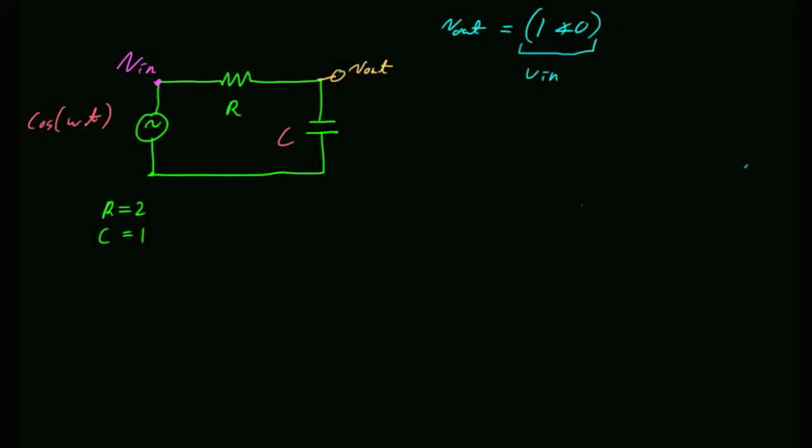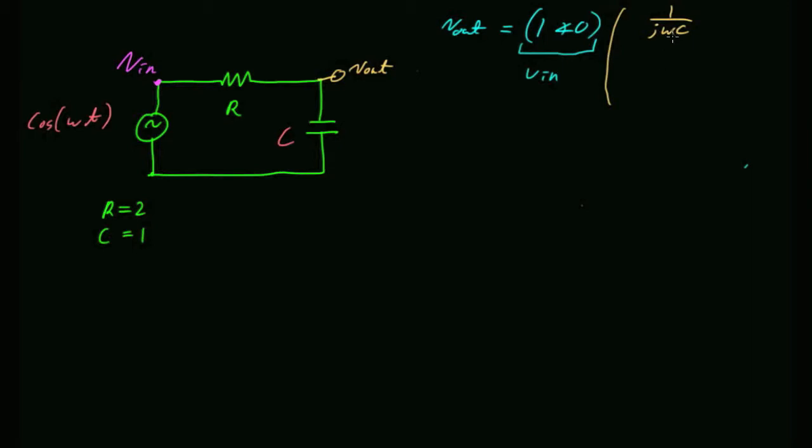So it's the impedance of the capacitor. What is the impedance of my capacitor? It's 1 over j omega C. I could stick in the value of C if I want, but let's keep it generic now.